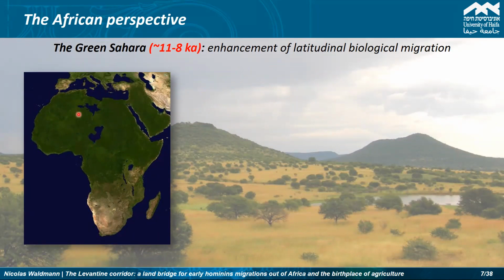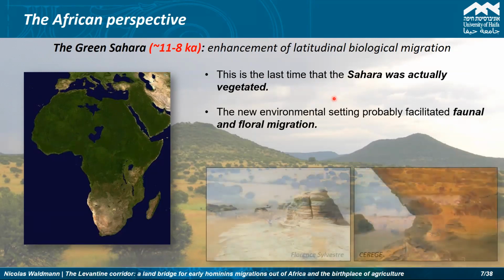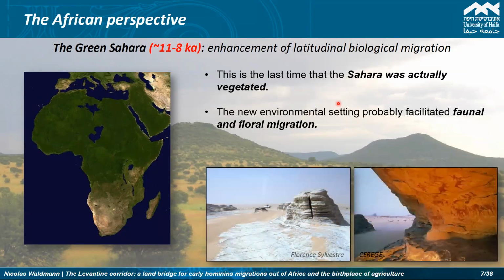So we are talking about a totally different environment developing during the early Holocene. This is the last time in which the Sahara was actually vegetated, and the new environmental setting probably facilitated fauna and flora migration.